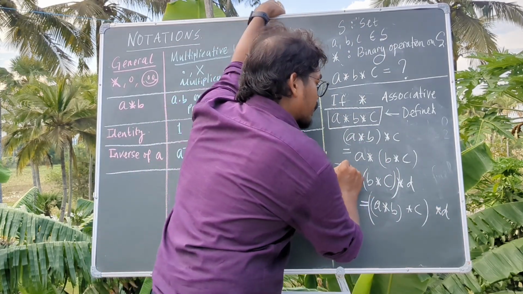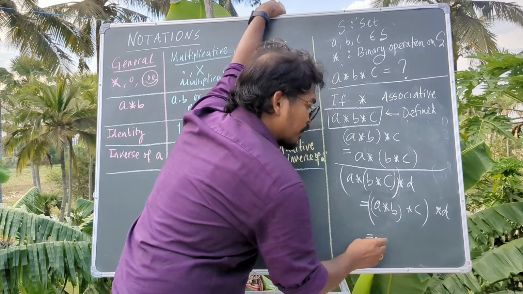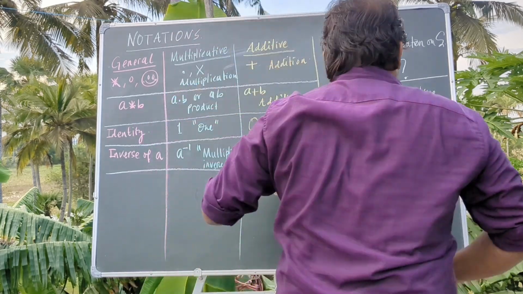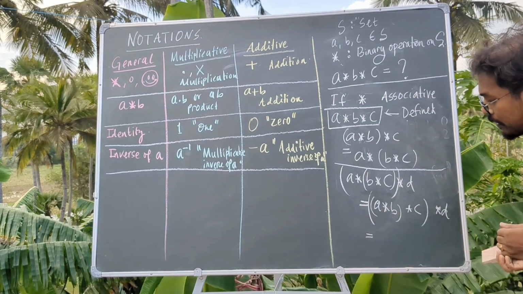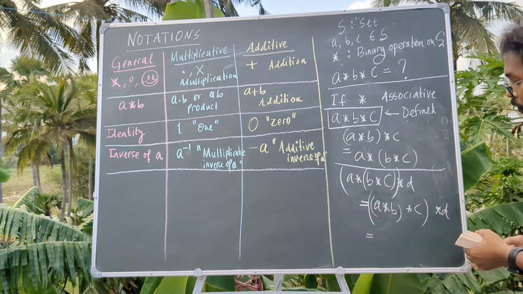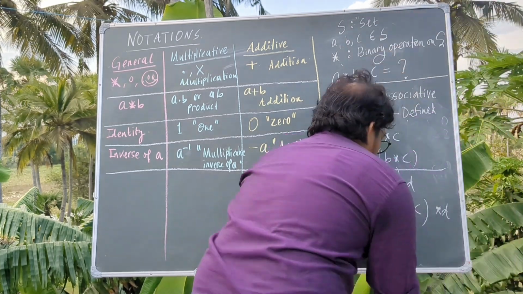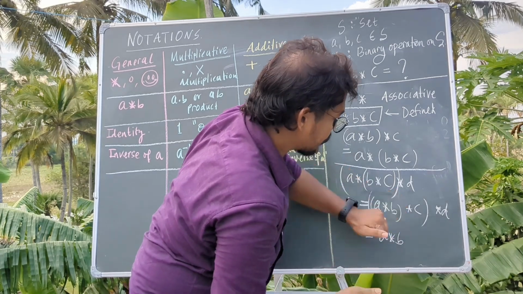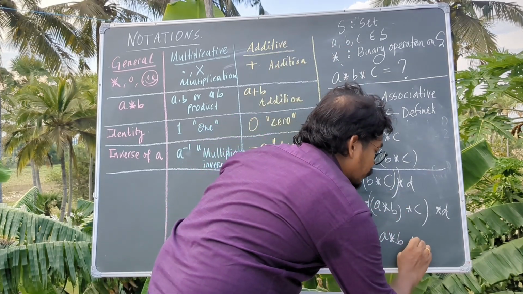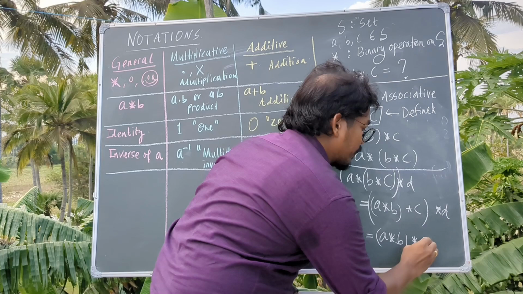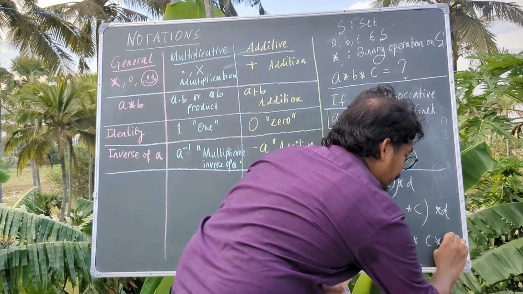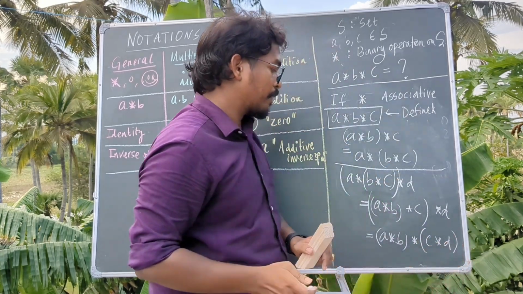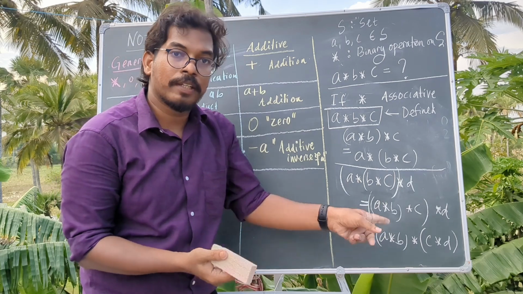Also this is the same as, I can take this one as one element, star C, so I can write A star B, this is one element, star, this is one element, because star is associative.